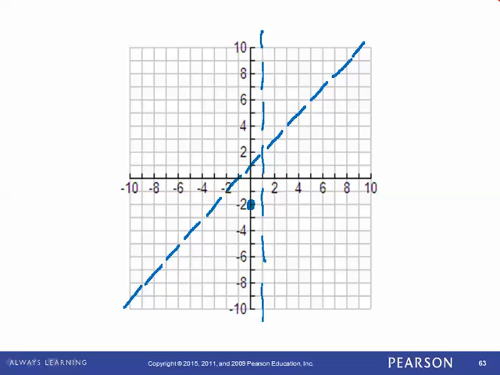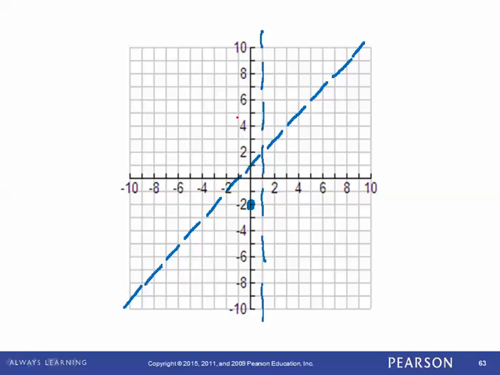Alright, here's what I got here. Vertical asymptote x equals 1. I got a y-intercept at negative 2. And an oblique asymptote of x plus 1. So again, based upon that, can you figure out what the graph should look like? Well, let's do some ones that don't make sense.